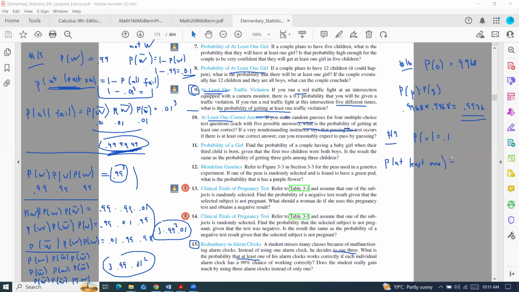So since it's the standard approach from the opposite: 1 minus the probability that none of them work, because calculating the probability that none of them work is not as hard, but at least one would take, as a standard process, with one, with two, with three, so that's a lot.